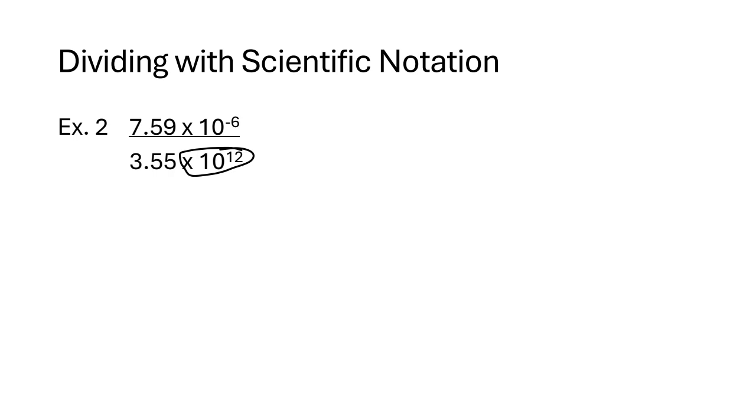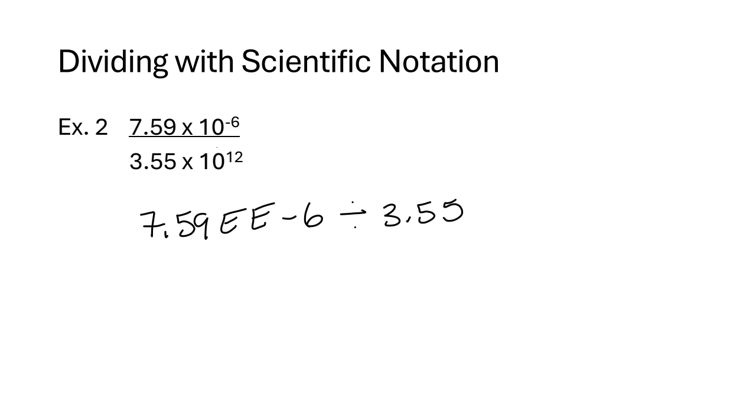Okay, so let's go ahead and I'll erase that. We're going to do the division first with the EE button, and then I'll show you how to do it without the EE button. So you're going to type 7.59 EE negative 6. You hit the divide by button, 3.55 EE 12.